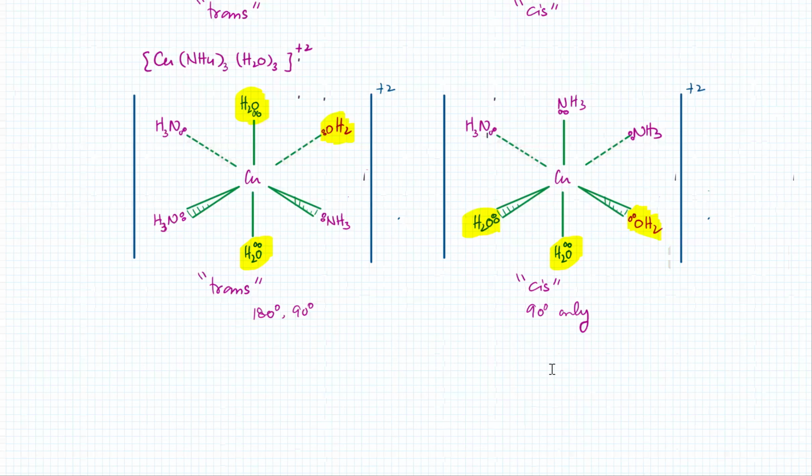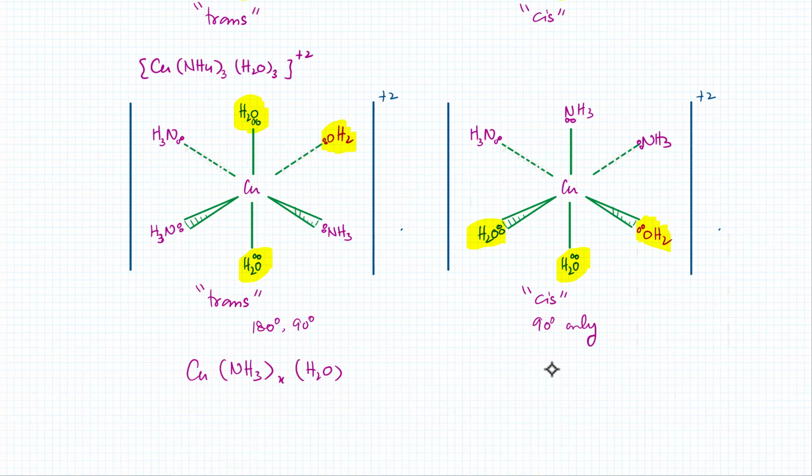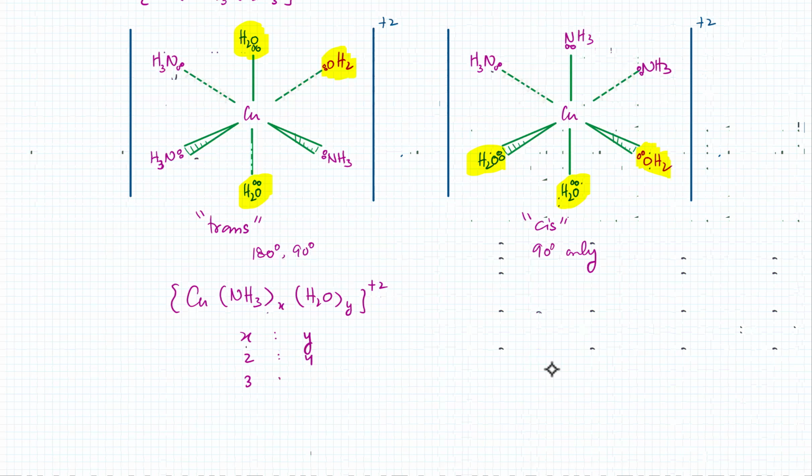I'm going to tell you that what I'm going to write is that let's say you've got Cu(NH3)x(H2O)y. So X and Y ratio, right? If it's either 4:2, like four of one and two of the other, or if it's 3:3, in both cases you're going to have geometric isomerism.